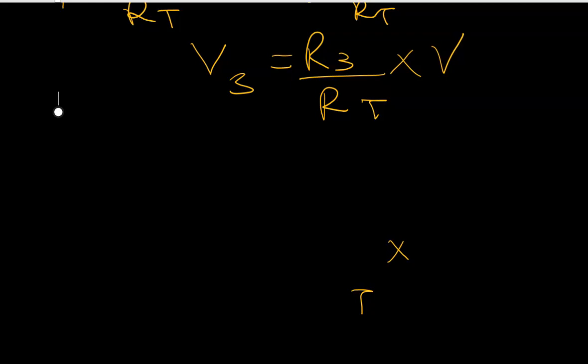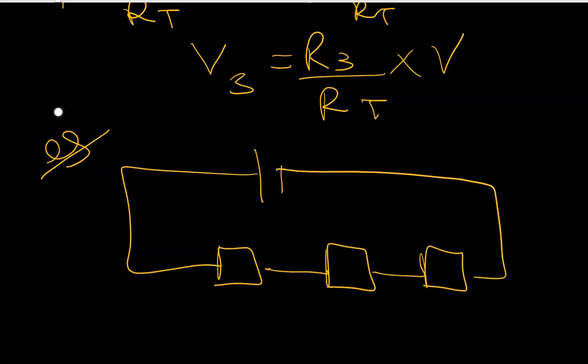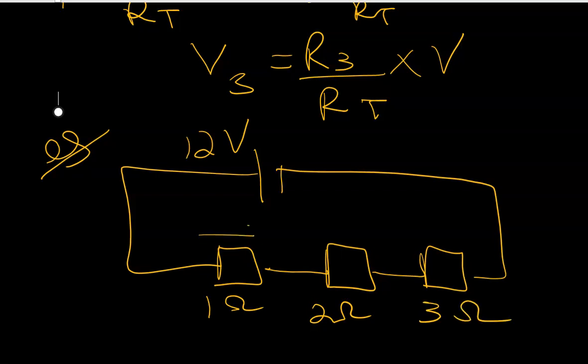Okay, so let us do an example. Let's say I have a 12-volt battery, and a 1 ohm, 2 ohm, and 3 ohm resistor. I want to get the current through each.